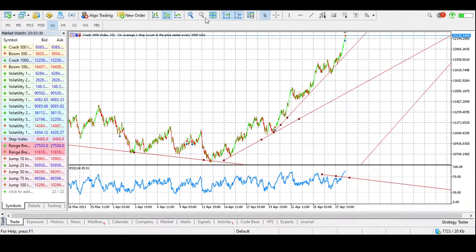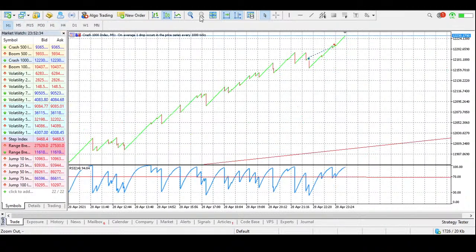Actually, I realized Boom and Crash when it comes to finding support, trading for spikes, it's good to find them in diagonals, because most times the market is moving in diagonals as compared to the normal horizontal support and resistance. So we are going to go through that shortly.